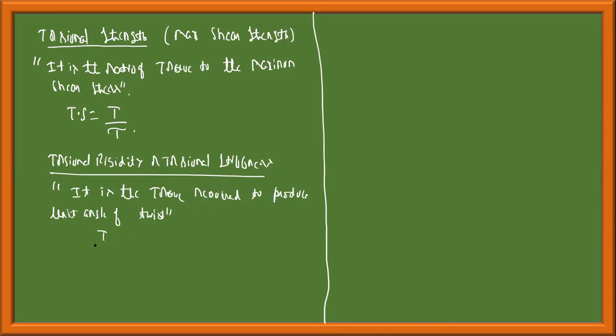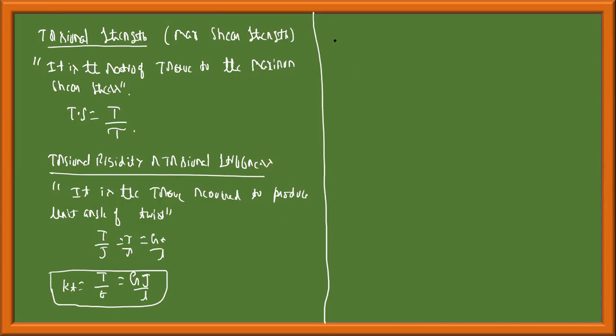It is T by J is equal to tau by R is equal to G theta by L. Or torque required to produce unit angle of twist, T by theta, is equal to GJ by L. Well, T by theta is also called torsional rigidity, or torsional stiffness, and is given by GJ by L.